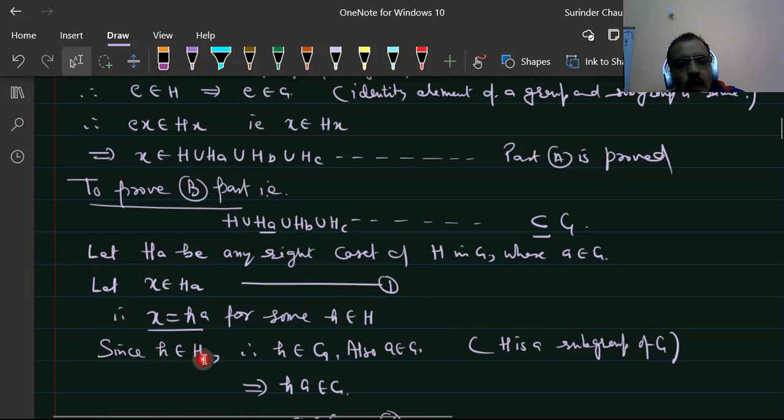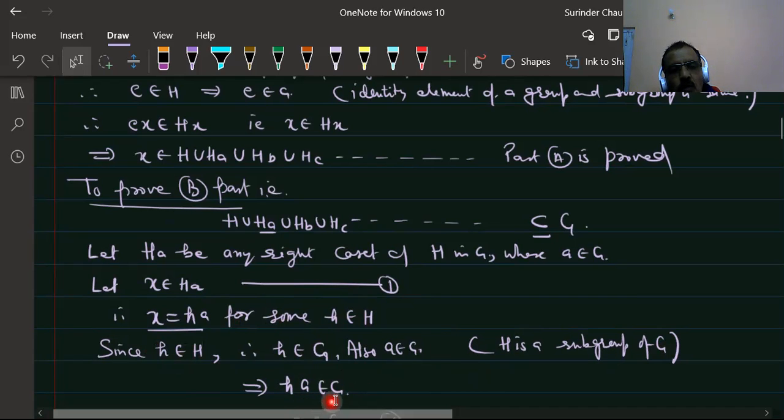Since h belongs to H, therefore h belongs to G, and also a belongs to G. Therefore ha also belongs to G, because H is a subgroup of G and G is a group.